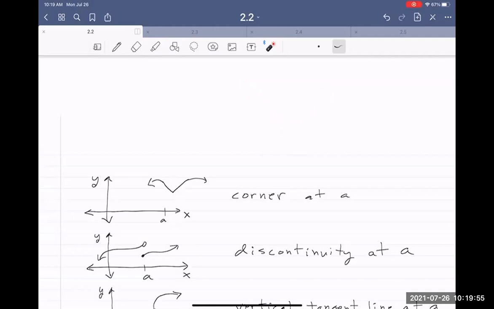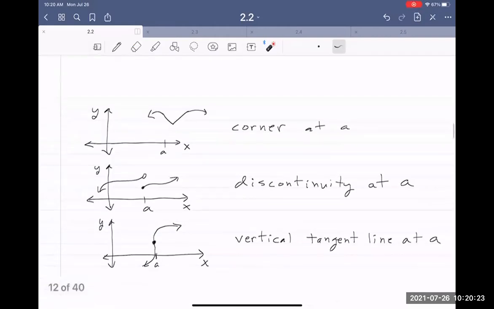This is supposed to be at a. I guess I shifted it over a little bit when I drew it. So if you have a corner at a, then f is not differentiable at a. You're not differentiable at a corner.